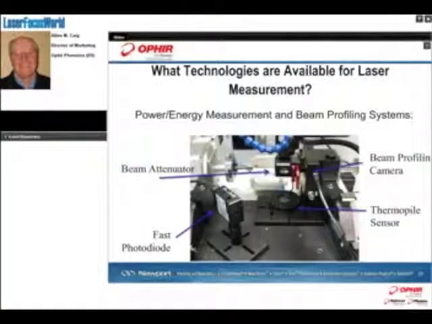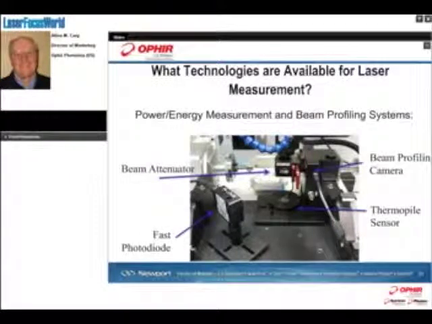This collection of devices here gives the same information, a little bit different way of collecting the information. To the top right, you see a camera that's attached to the attenuation device. That's going to give you your spatial profile, your beam size. Underneath that, you see a thermopile sensor.